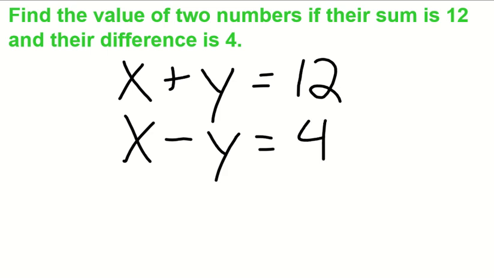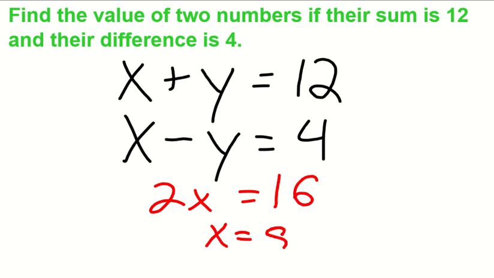The way this one's set up, we can already cancel out the y values. We've got different signs, so we just add them together. If we add these two together, I get 2x, the y's cancel out, equals 16. Divide by 2, I get 8. Once we get one value, we plug it into one of the equations to find the other value.